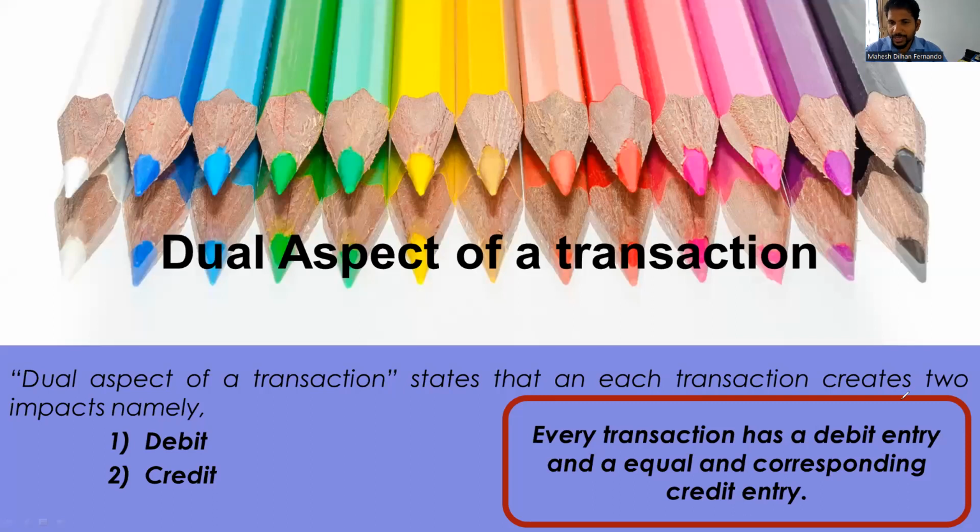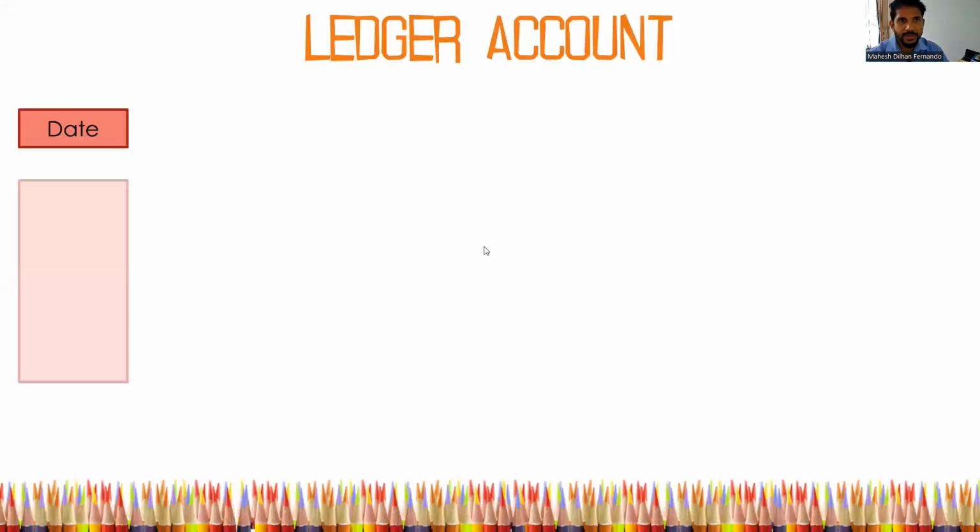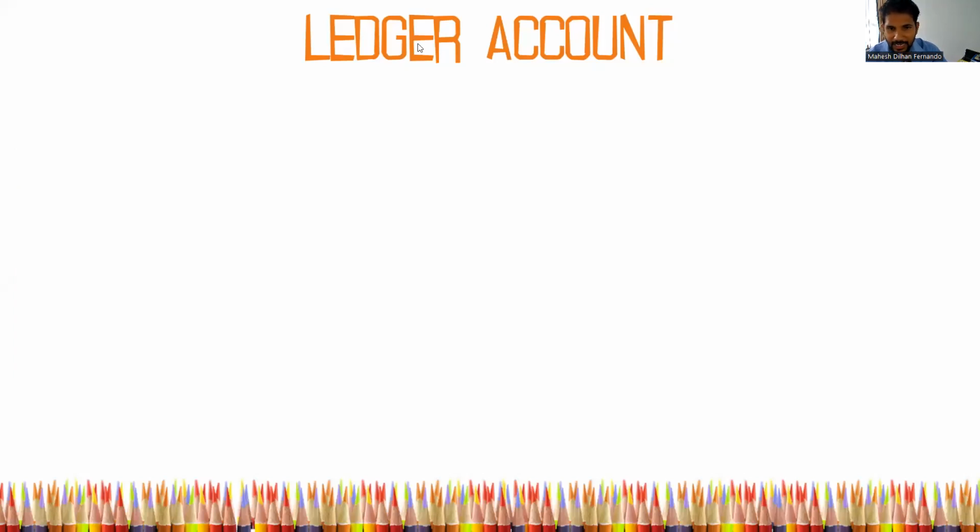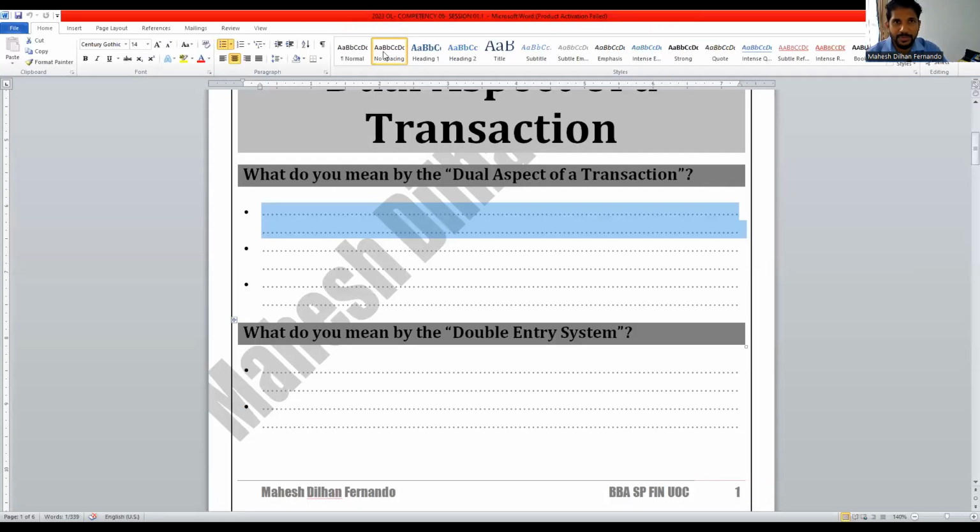So listen to me. Every single transaction has a debit and a corresponding credit. Now I'm taking you to the next one. Before that, double entry system. Please write this down.